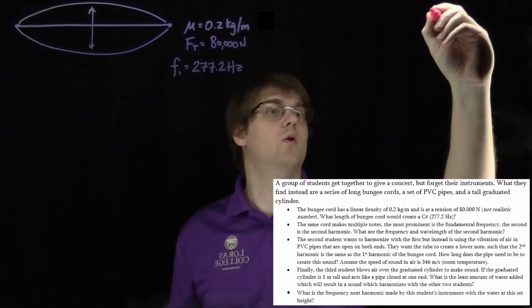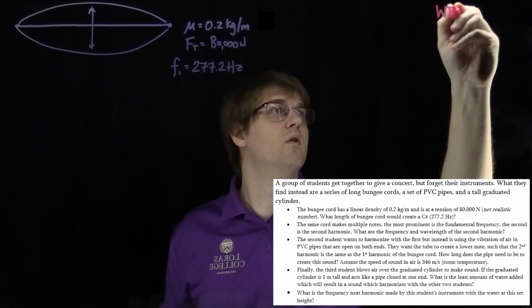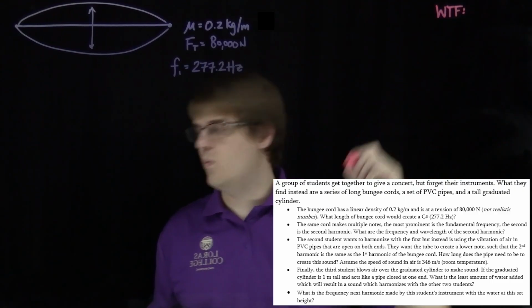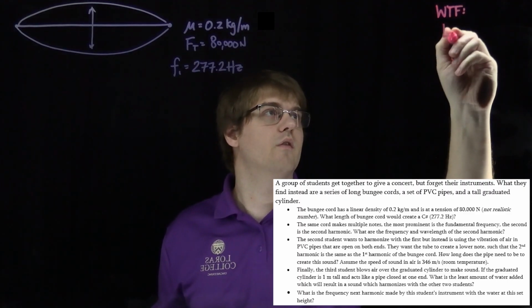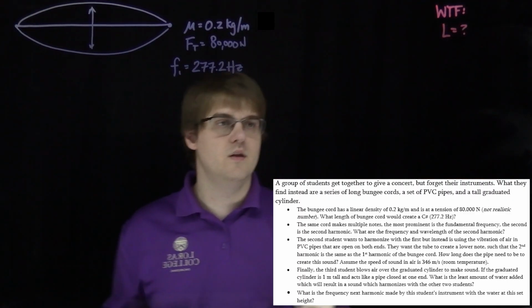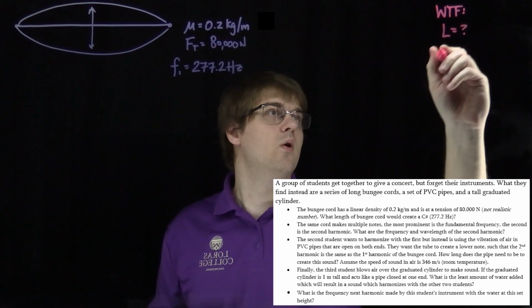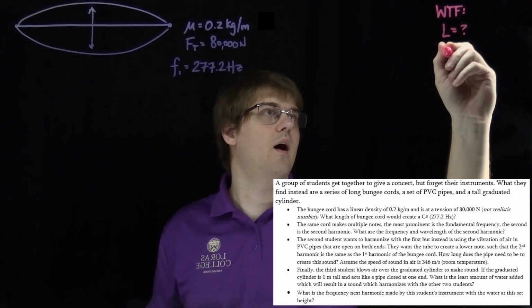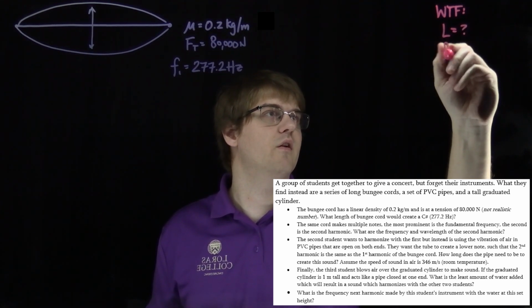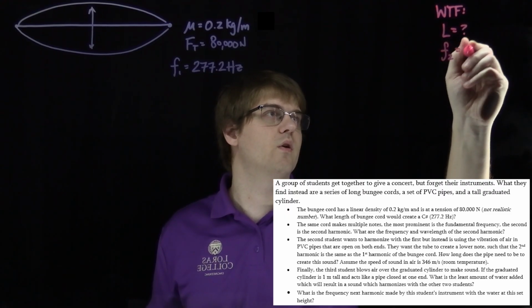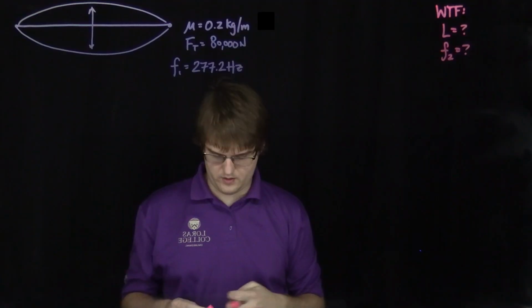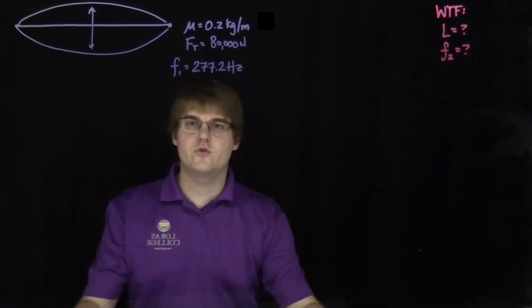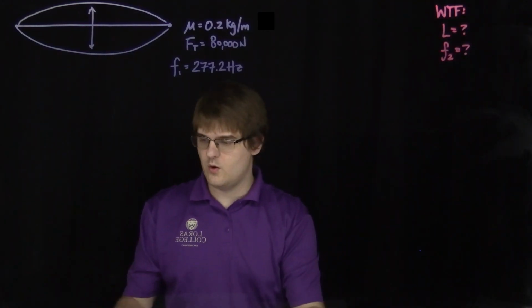They want to know what the length of the string needs to be, and they would like to know what the frequency of the second harmonic is going to be for this system. Okay, and then we've got a couple extra instruments, and we will get to those in a second.